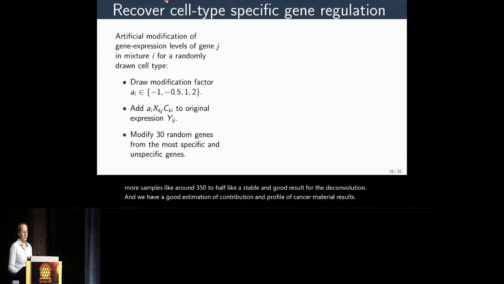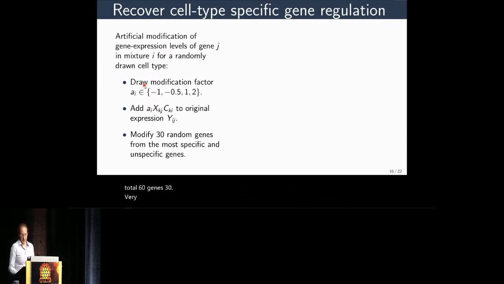We also want to recover cell type specific gene regulation. That means we artificially modify gene expression levels of gene J and mixture I for a randomly drawn cell type. We draw their modification factors and add this to our original expression, and we modify in total 60 genes, 30 very unspecific and 30 very specific.